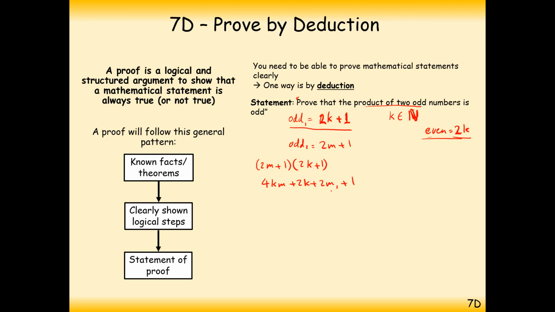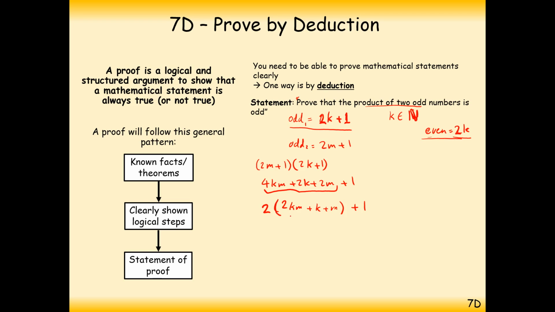If you check, these three terms have a common factor of 2. I know they have common factors m and k, but actually I want to factorize a 2 out of them. I'll write a k plus m here, and a plus 1.